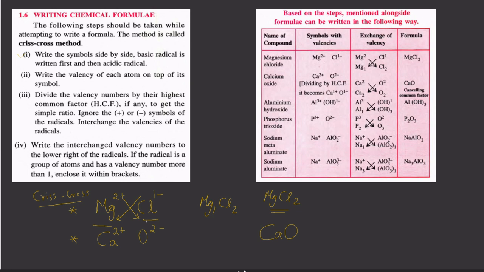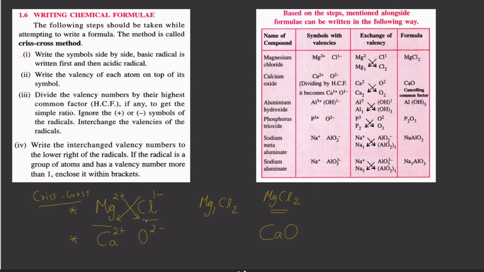If they have the same valency, we don't write them together; we divide, or we find the highest common factor. The highest common factor here is 2, so 2 divided by 2 is 1.